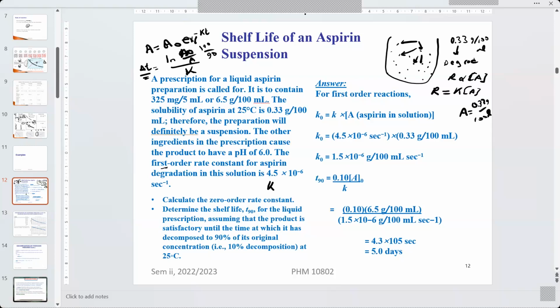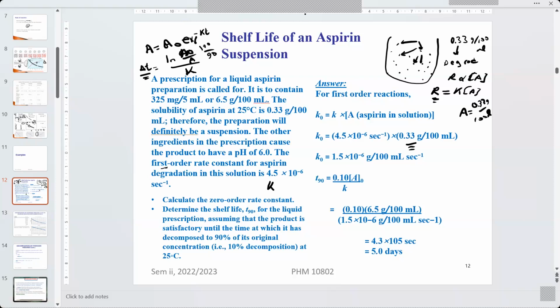So since the concentration will not change, the reaction rate also will not change. It will be stable, so the reaction will proceed at a very constant rate. The rate of reaction will follow this equation, R equals the constant times A, but A will not change. A is always 0.33.